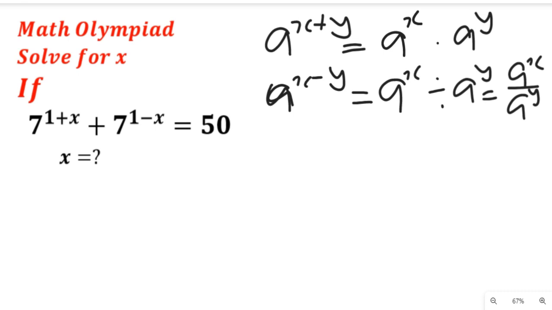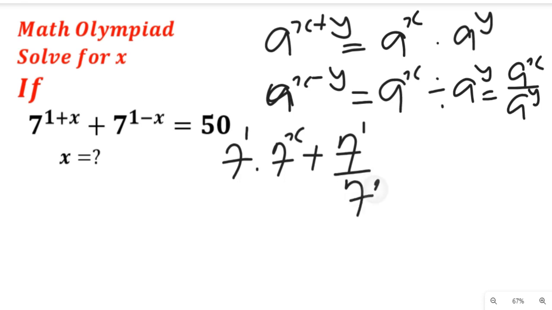Now, if we apply those rules, you're going to find out that this will give me 7 to the power of 1 multiplied by 7 to the power of x, plus 7 to the power of 1 divided by 7 to the power of x, and this will be equal to 50.